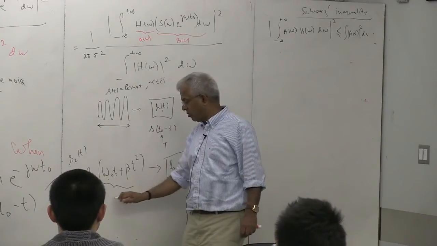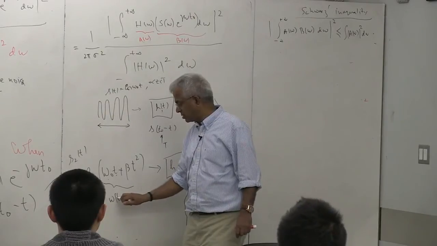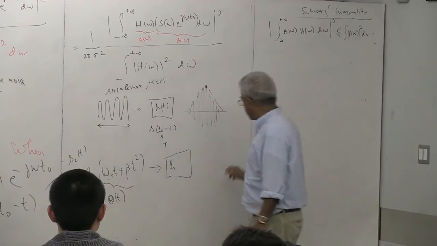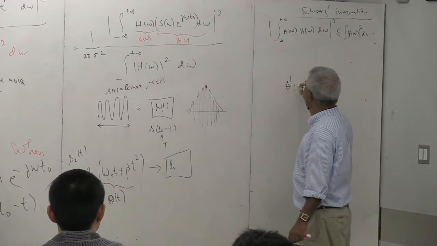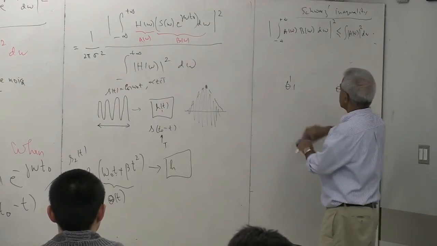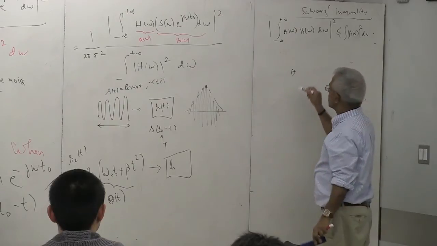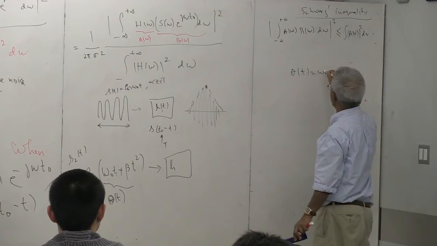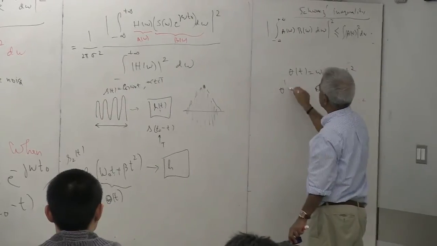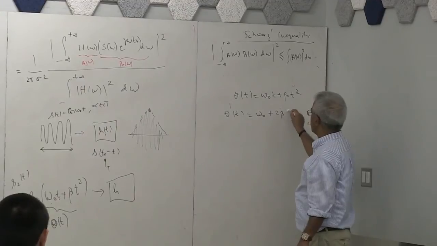If you call this the instantaneous phase, the derivative of the phase gives you the instantaneous frequency, right? Yes, it is a chirp. So this is omega naught t plus beta t squared, and its derivative is going to be omega naught plus 2 beta t.